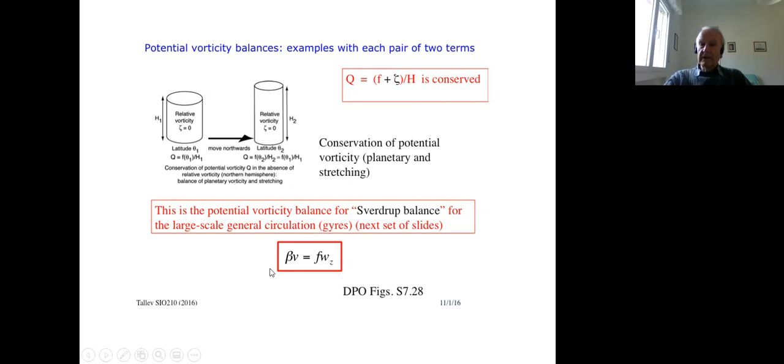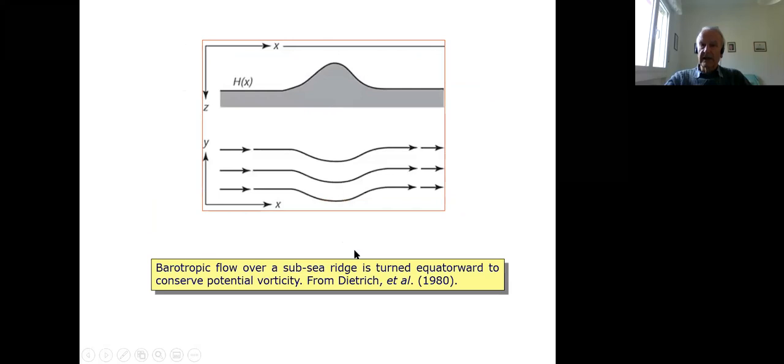We will talk about this later, because that's the potential vorticity balance for the large scale general circulation, and we will see later on how it looks.